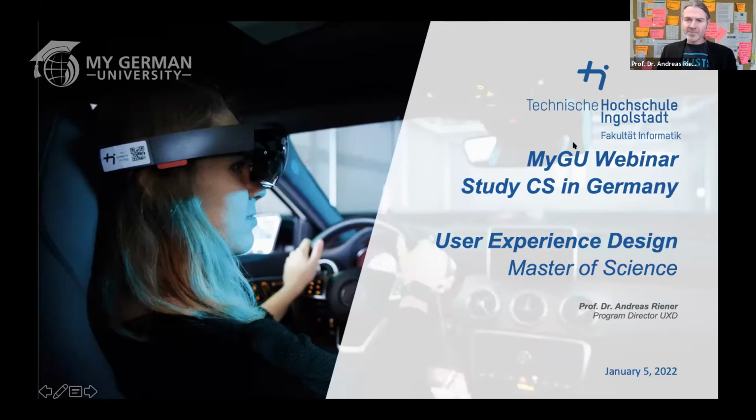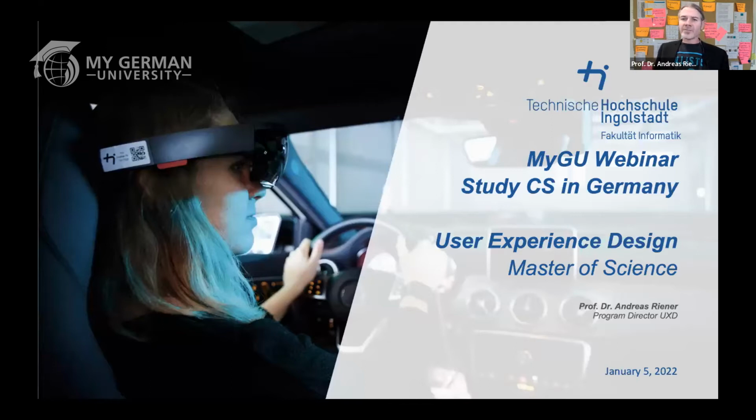This is the main entry point for our website, and on that website you can look for general information about the university. We have right now 6,500 students. We're growing to about 10,000 students over the next years, which means for all of you that we introduce and start new programs every semester or every year.